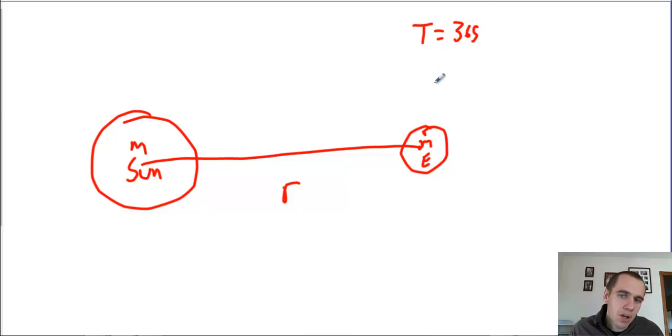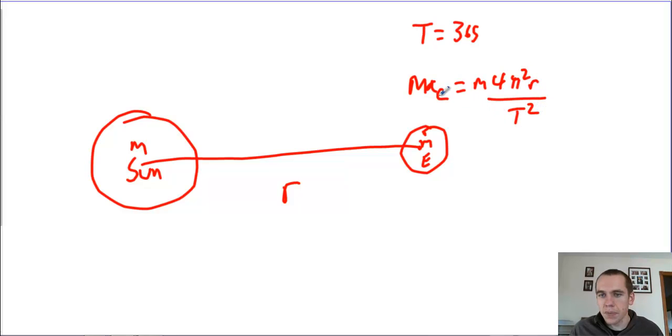And remember, there's multiple formulas for centripetal acceleration, but one of them, mass times centripetal acceleration, is m times 4 pi squared r over T squared. Okay? So this r is the distance between the Sun and the Earth, and T is the period in days or hours or seconds, however you want to do it. Probably we'd use seconds, so we would be in base units.